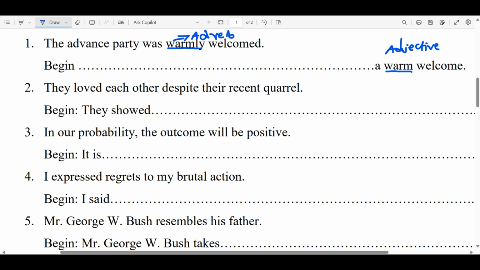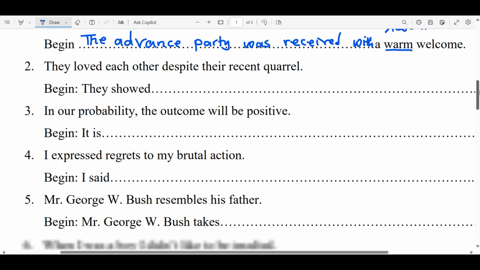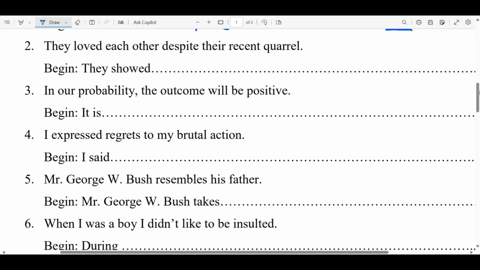So we want to rewrite a sentence that has an adverb, and our main focus is to change an adverb into an adjective. So how can we write this sentence ending with a warm welcome? We can say the advance party was received with a warm welcome.